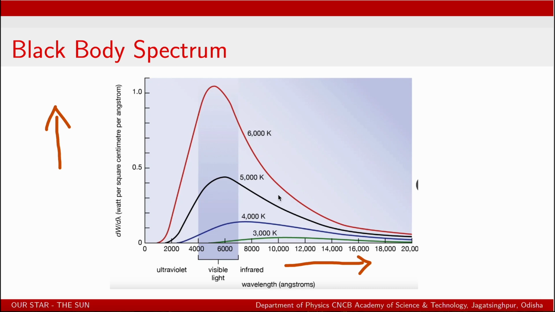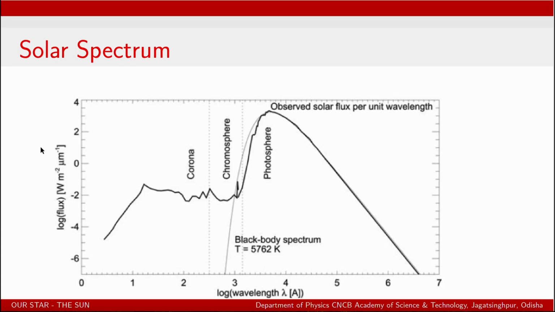This is typically black body radiation. So what about the sun? What do we get from the sun? That we'll see in the next slide. And this is the solar spectrum. Along the x-axis we have the wavelength.